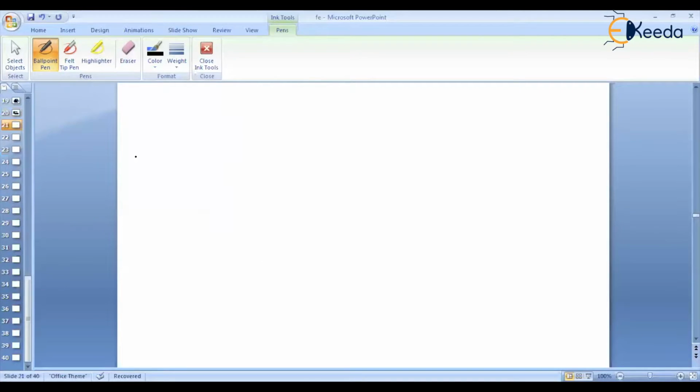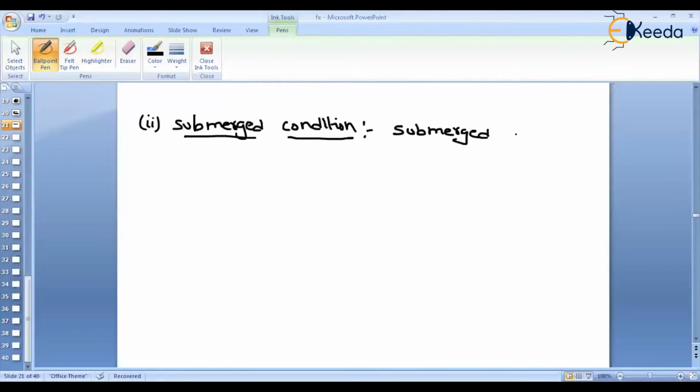Now let us consider the submerged condition. Submerged condition means the entire slope is submerged under water. So here we have to use the submerged unit weight, which is normally denoted by gamma dash.